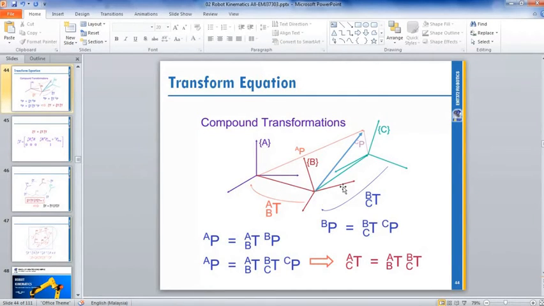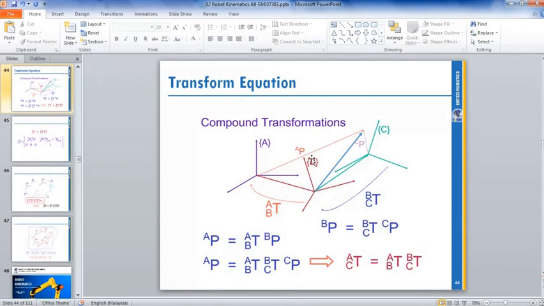Z, Y also are not parallel with this Y. So that means each axis has a rotation. Each axis needs to be calculated. This one and this one are not parallel. This one is not parallel. This one also not parallel. So that means your calculation is long because the orientation of each frame is different.